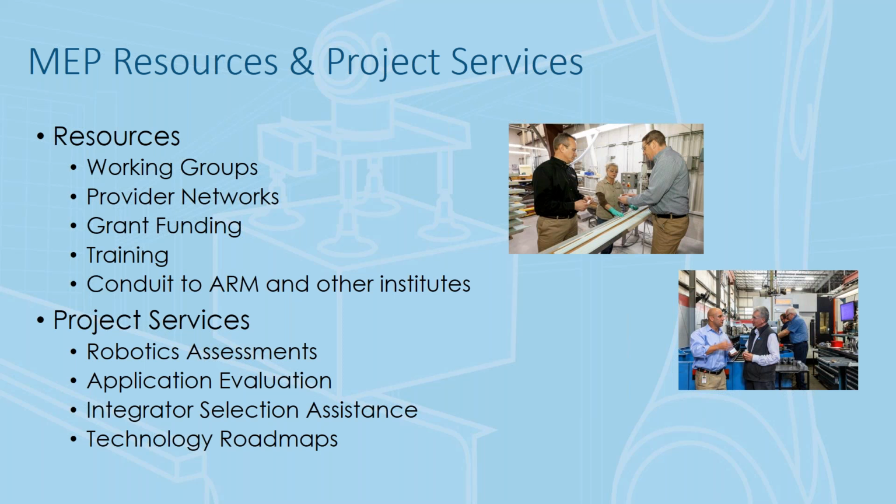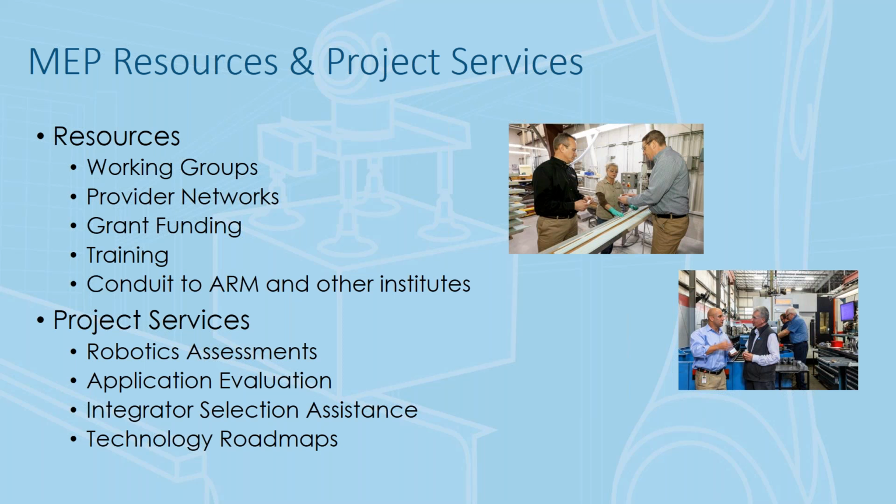Just before we wrap up our webinar and take a few questions, I wanted to highlight, from an MEP standpoint in the Manufacturing Extension Partnership, the resources that a lot of MEPs like Catalyst Connection, CMTC, Fuse Hub, and Impact Washington are working with. There are a lot of different resources, such as working groups or provider networks, to help you navigate exploring robotics or other technologies.